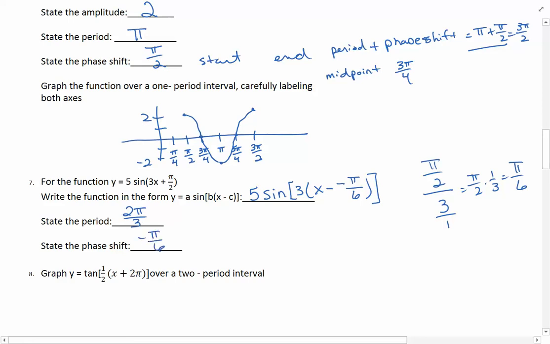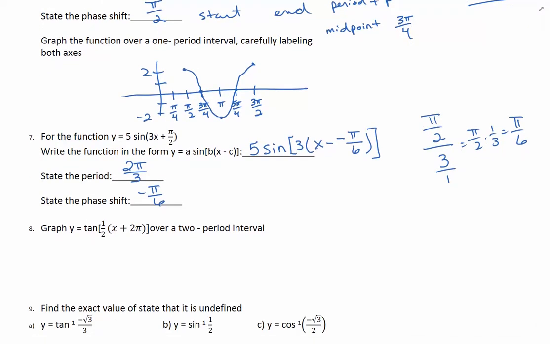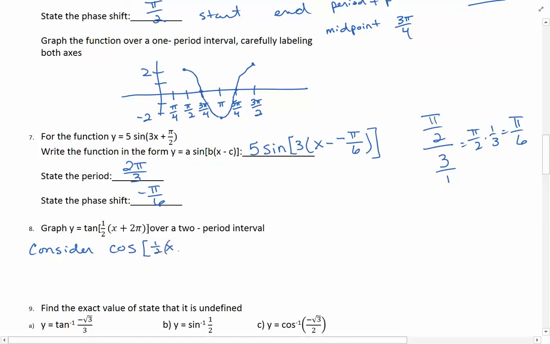over 6. Okay, now to graph two periods of tangent of 1/2 x plus pi over 2, I like to consider the cosine of 1/2 x plus pi over 2, because then I will see where the asymptotes are.